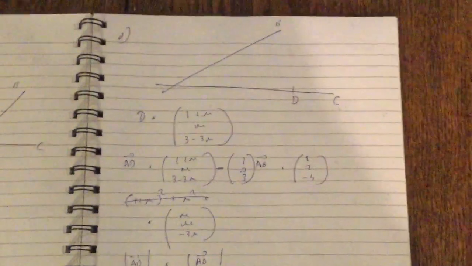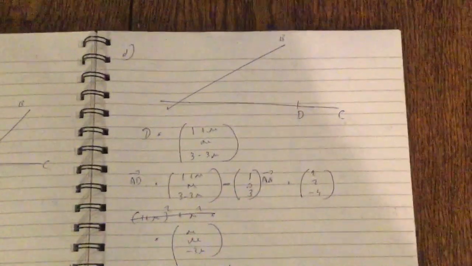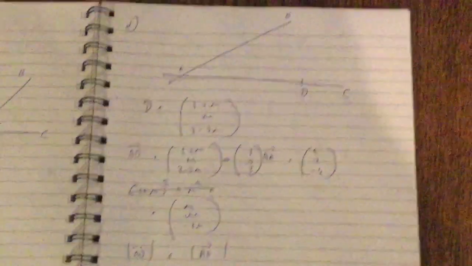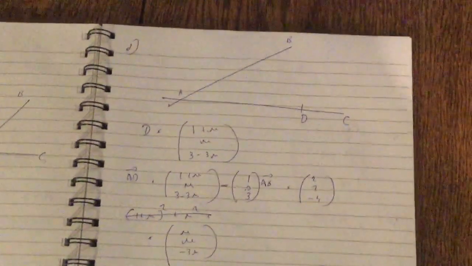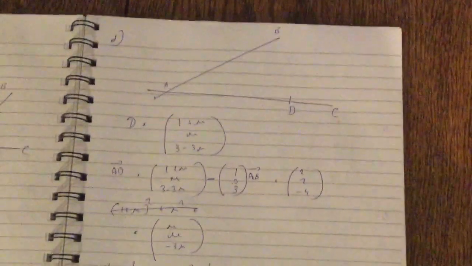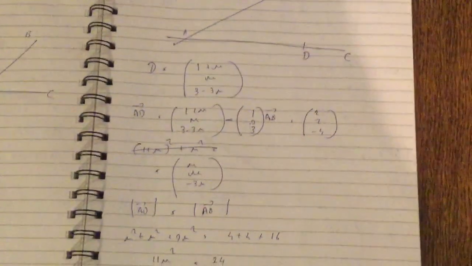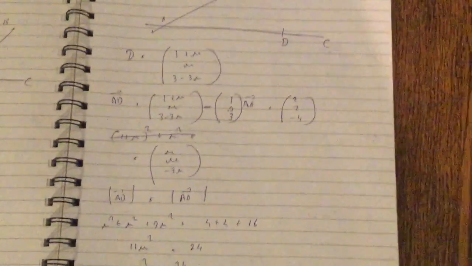So part D. D lies on AC, and actually this is AC, so let me just write that down. So that's A. You can see AC and AD are equidistant, and because D lies on AC, we've got D written in terms of mu, and you work out vector AD and AB.